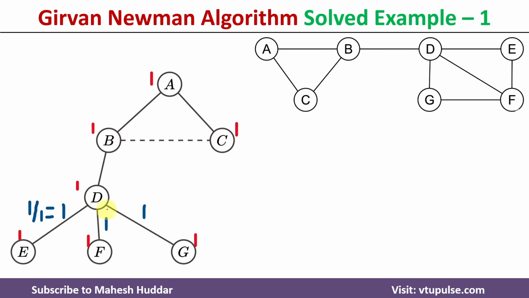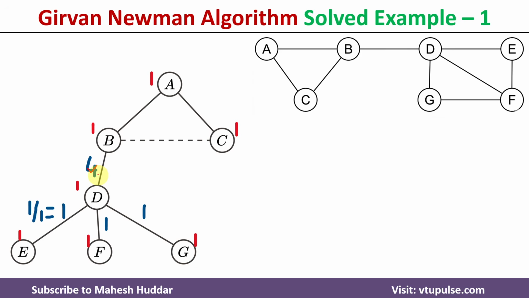So next we need to find the edge betweenness score for the edge BD. But D is not a leaf node. So for this one, what we need to do, we need to add edge betweenness score of the children of D plus weight of this particular node, that is the weight of D. So 1 plus 1 plus 1 plus 1, which is equal to 4.